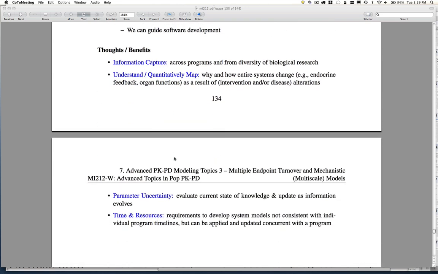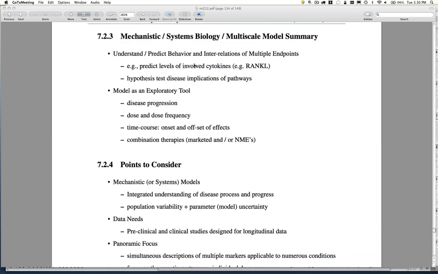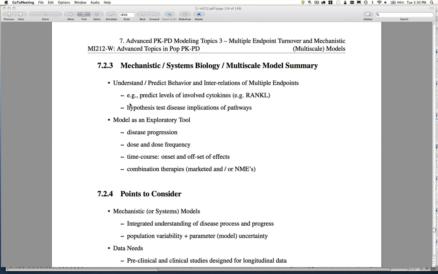This idea of information capture, we can use these models, hopefully, as I've given you a fairly decent example of, not just for one thing, but you can imagine using this type of information on cell signaling, et cetera, to feed back to the biologist and the chemist to say, you know what, this is an interesting target.